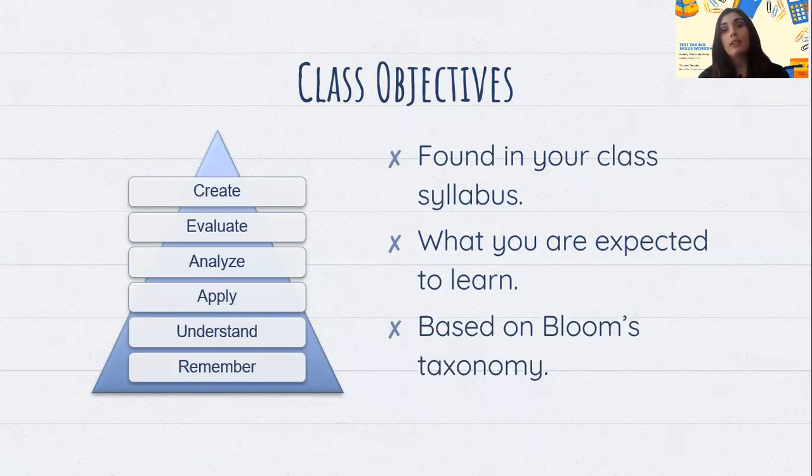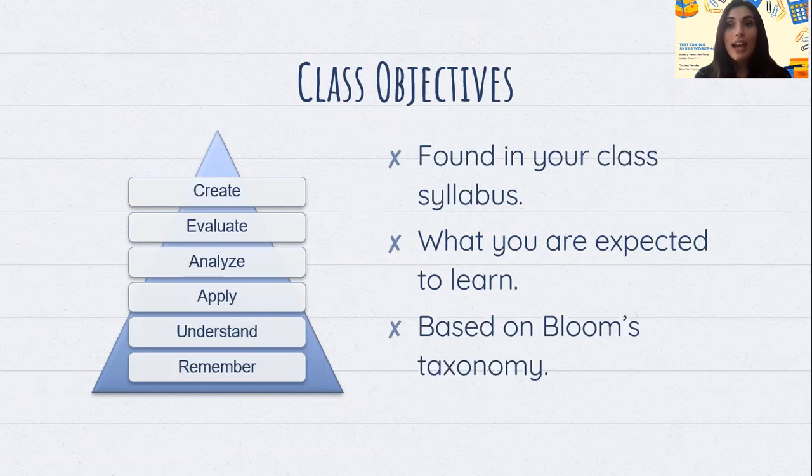And they are all based on something called Bloom's taxonomy. I do not expect you to remember the name of that, but all you do have to understand is what you see here on the left, this pyramid. This is called Bloom's taxonomy, and you will likely find, if you go back to your class syllabus and look at your class objectives, that the action word or the verb found in that objective usually falls in line with one of these: remember, understand, apply, analyze, evaluate, and create.